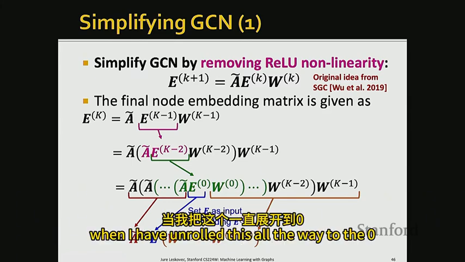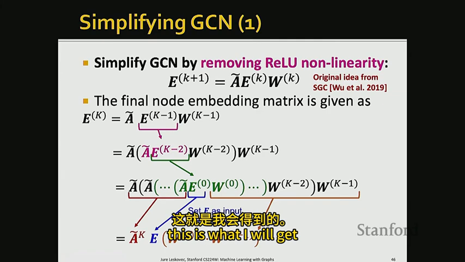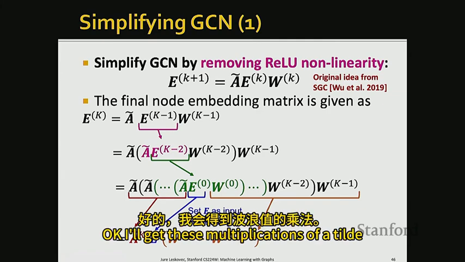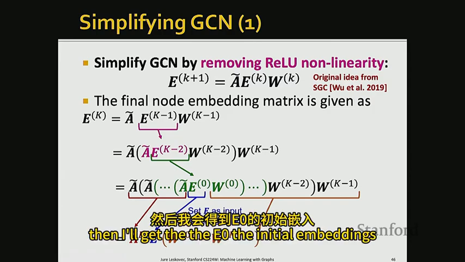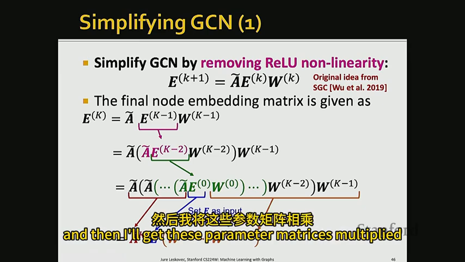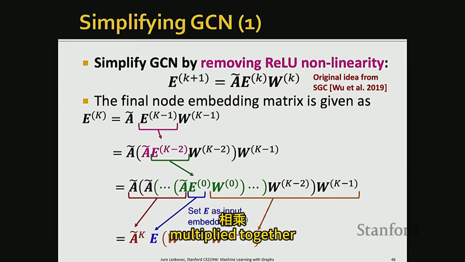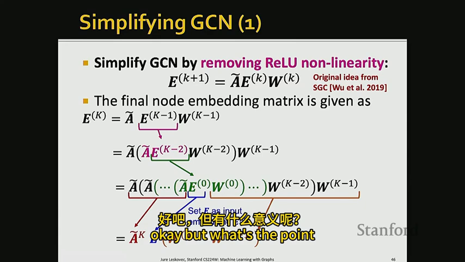And at the end, when I have unrolled this all the way to 0, this is what I will get, okay? I'll get these multiplications of A tilde K times, then I'll get the E_0, the initial embeddings, and then I'll get these parameter matrices multiplied together, okay? But what's the point?